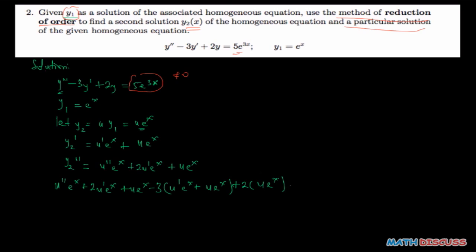Now all equals 5e to the power 3x. So this is quite different from the ones we've been doing so far. The ones we've been doing so far have the right hand side to be 0, but here it is not 0. So let's continue.